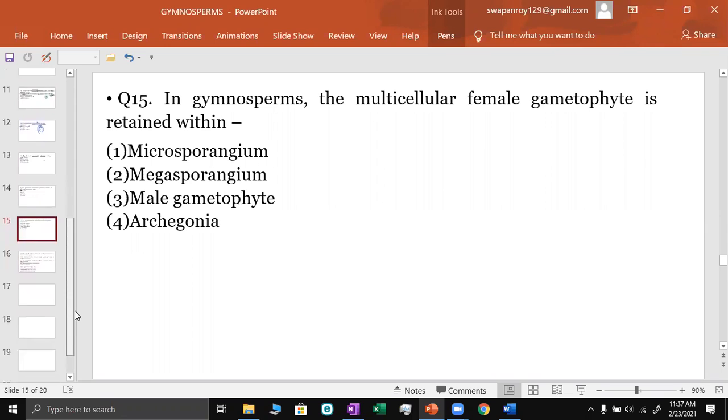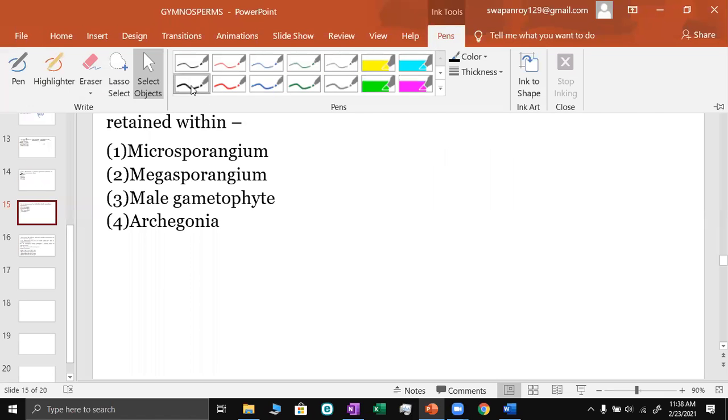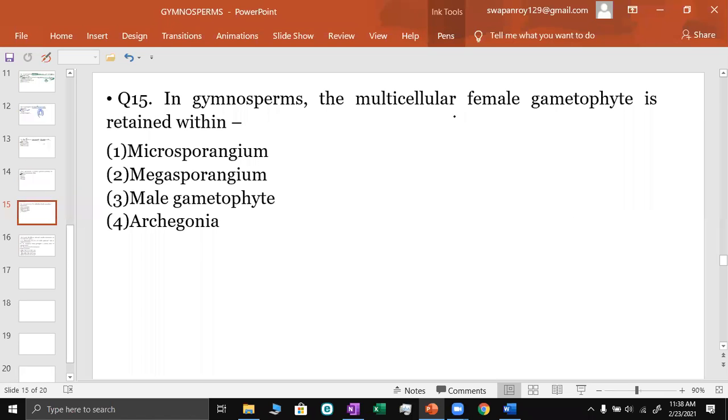Next question. In gymnosperm, the multicellular female gametophyte is retained within... The female gametophyte is multicellular. This one is retained within the megasporangium.